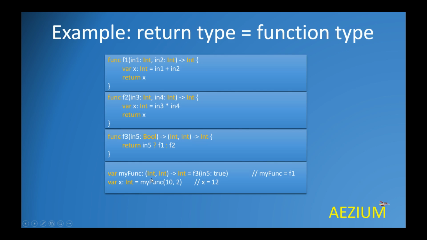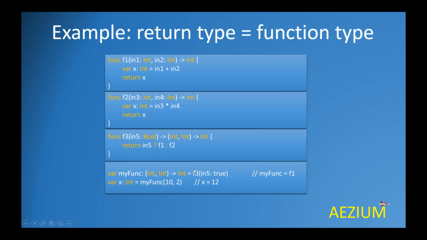Now let's have a look at the function call for this example. Here we are declaring a variable called myFunction, which is of the same function type as f1 and f2, and then we are assigning it a function called f3, and we're passing f3 an input value which is equal to true.